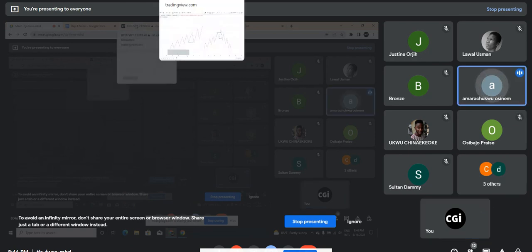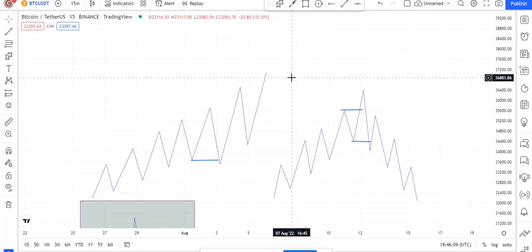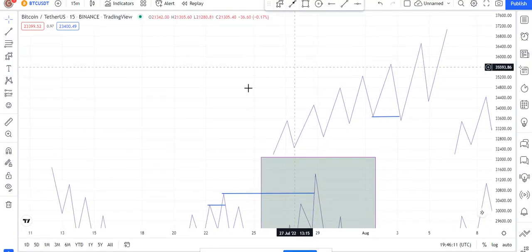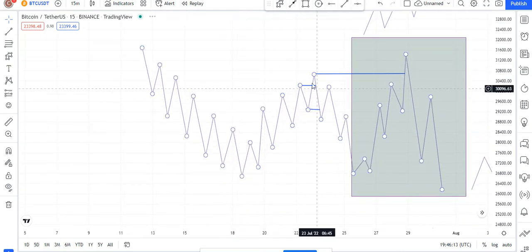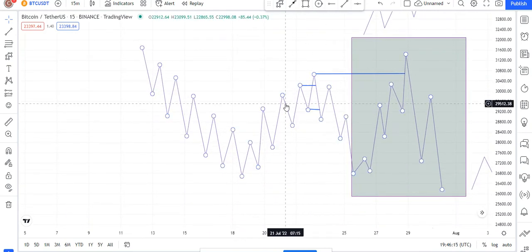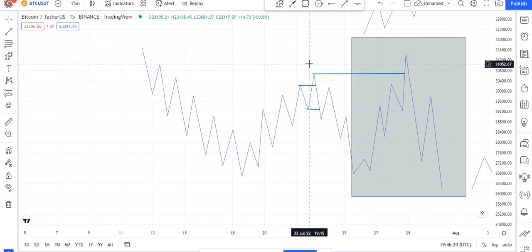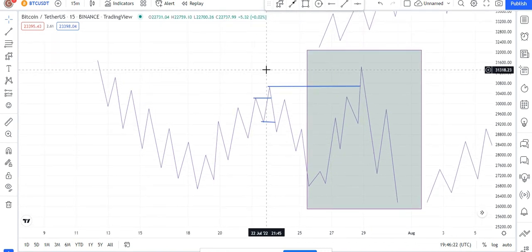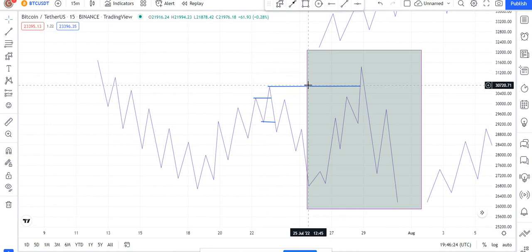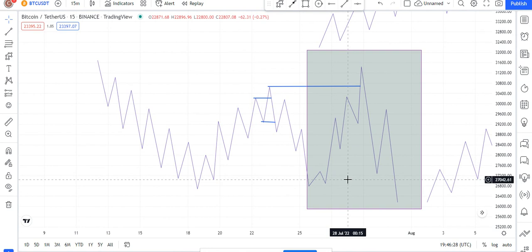Yes, I got it earlier. But my question was about the first reversal. The first downtrend there, the one that reversed to the uptrend.